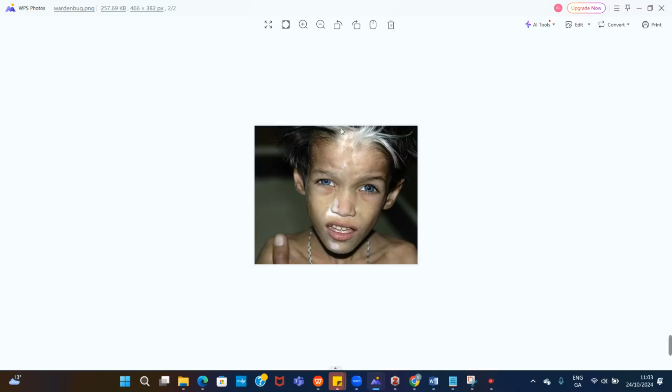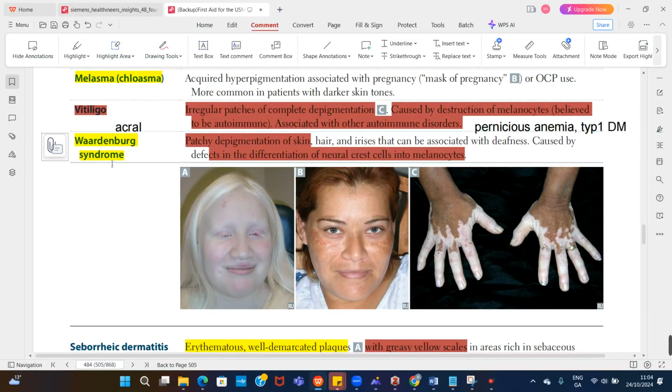They will tell you that this individual is deaf. So an individual is having poliosis. You look at the eyes, they tell us the eyes are green or blue. They're telling us the patient is deaf. They're telling us the patient has cleft palate or some neurological problems. Just think of Waardenburg syndrome.